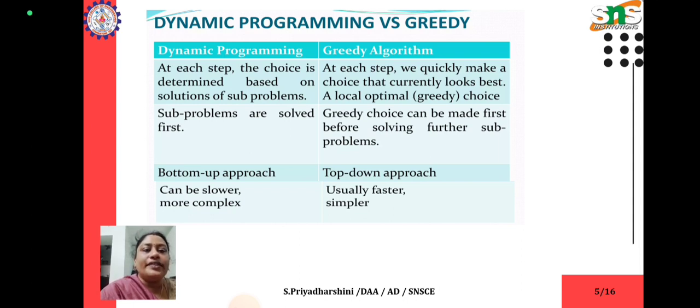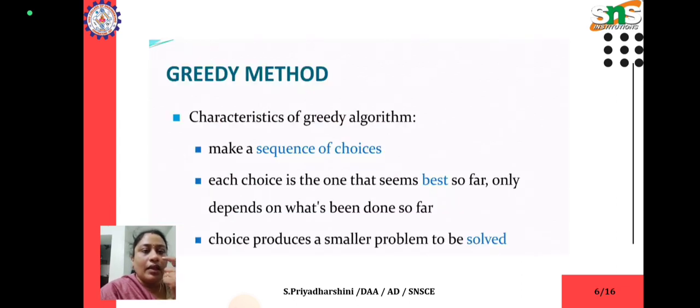In dynamic programming, subproblems are solved first, whereas in greedy, the choice is made first before solving further subproblems. Dynamic programming allows a bottom-up approach, whereas the greedy algorithm uses a top-down approach. Dynamic programs are slower and more complex in nature, whereas greedy algorithms are usually faster and simpler to use.